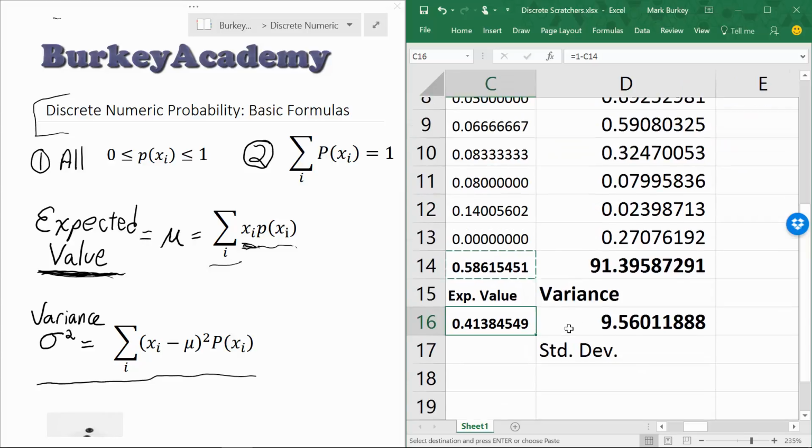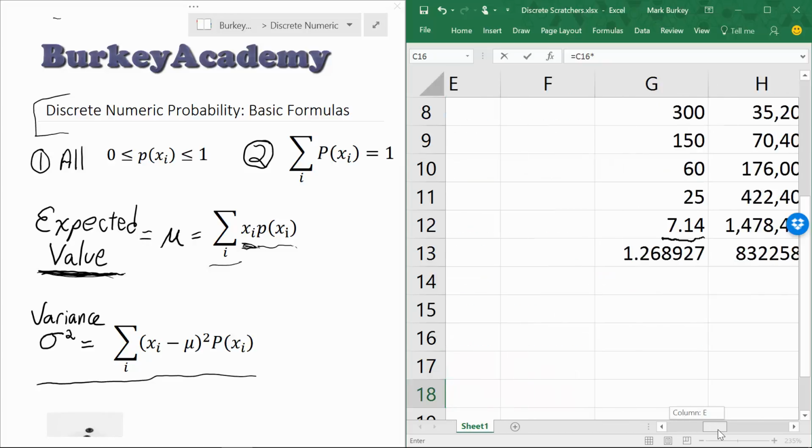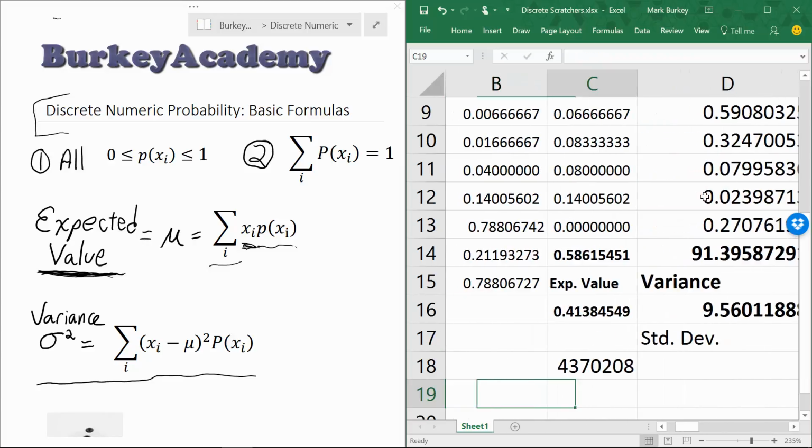Let me get this to where we can actually see it. So if we take that and multiply it times that 10 million number over here, then for this one lottery ticket, we're going to see the net revenue is about $4,370,208.